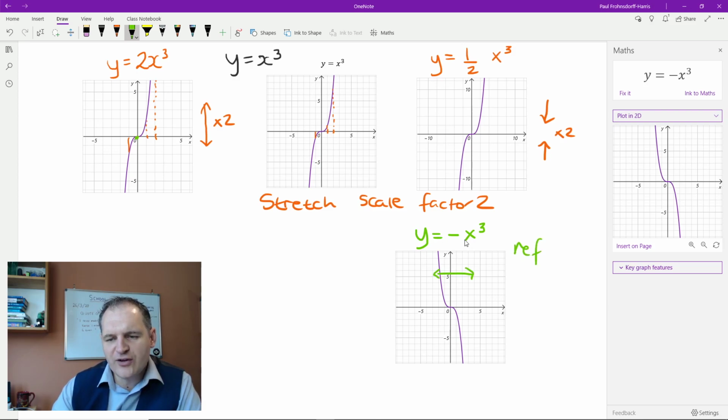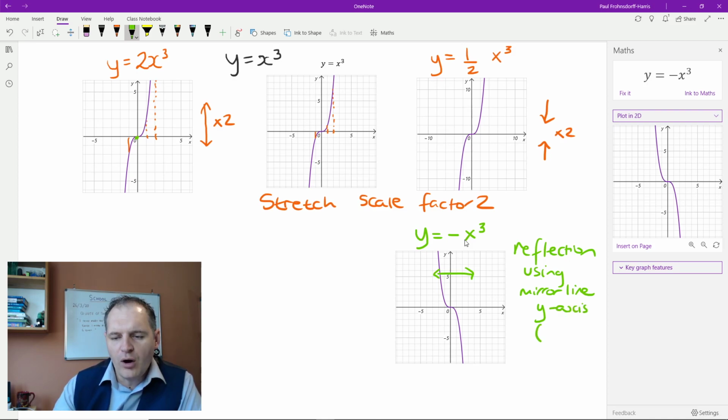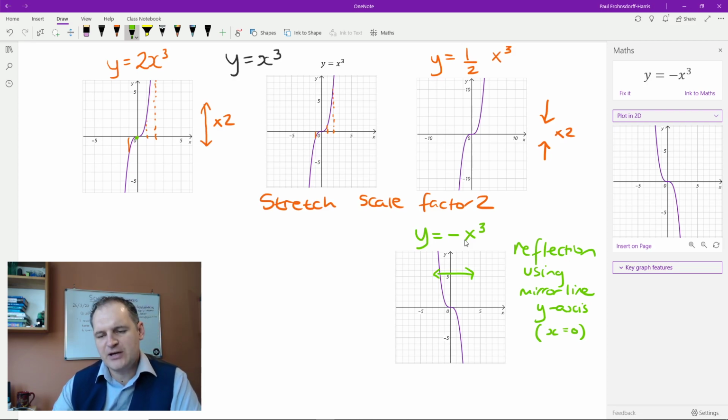And we call it a reflection, and using mirror line y-axis or x equals 0. Either of those would work as your mirror line. Notice you've got to give a type of transformation, what the mirror line is, and then it will automatically give you your marks for understanding how it's been changed.